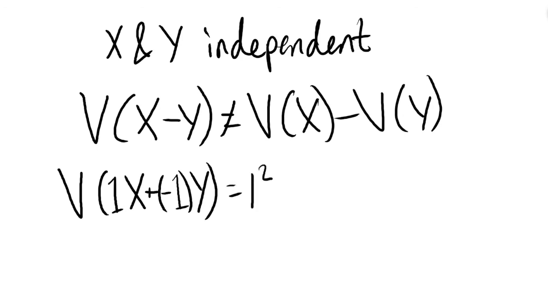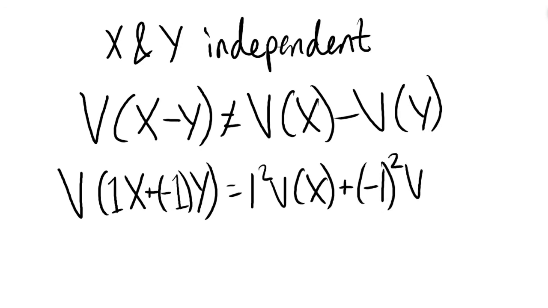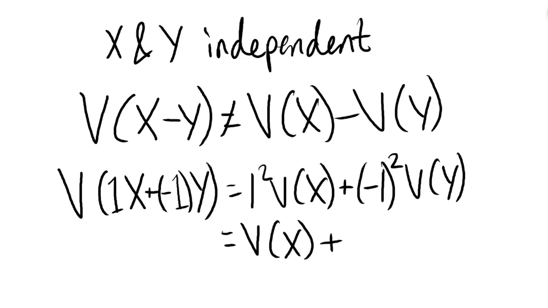Well, we will have 1 squared variance of x, and plus minus 1 squared variance of y. And 1 squared will just be 1, so we don't have to write that down, so we get variance of x. Plus minus 1 squared will be 1, and we get variance of y. So we see here that variance of x minus y will be variance of x plus variance of y.